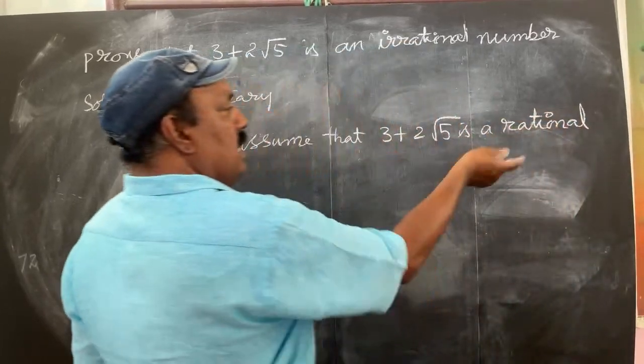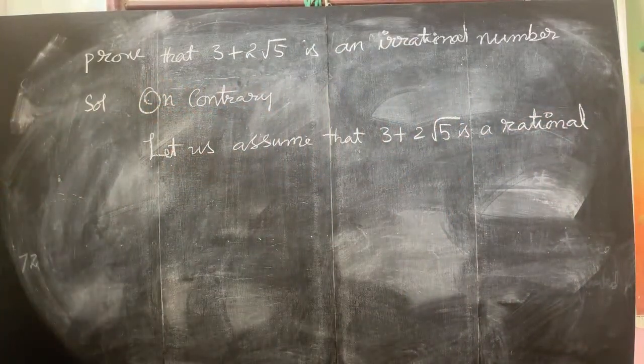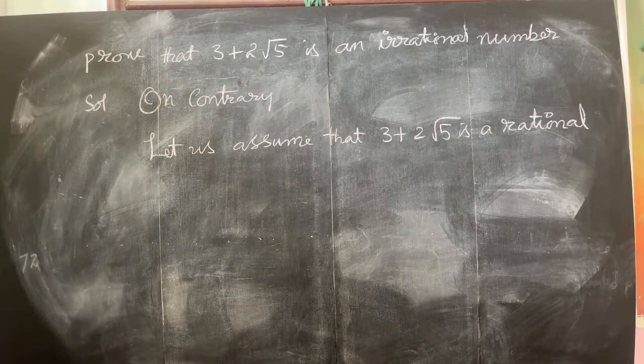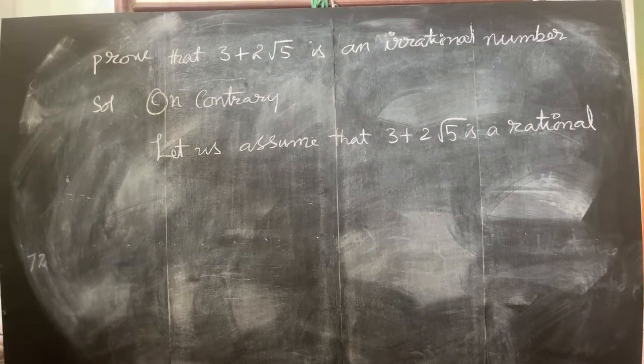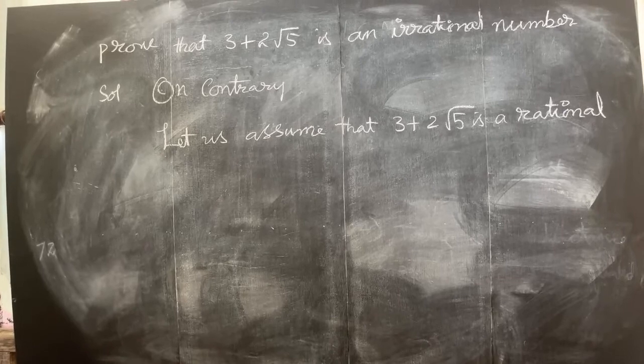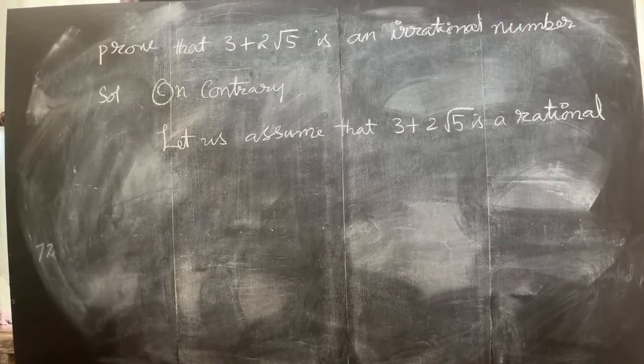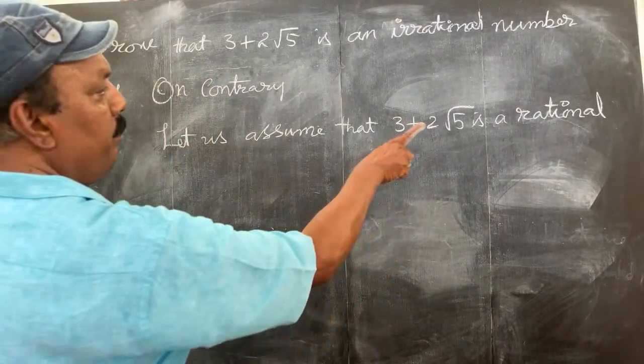That is not really rational, but we are taking it as rational, because to prove this number is irrational we must first consider it as a rational.